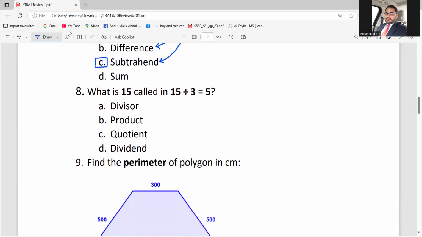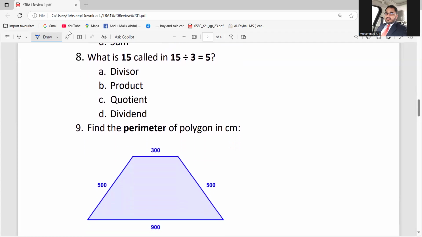Now, question number 8 is, what is 15 called in this number? As here is divide, okay. The first one in this is called dividend.